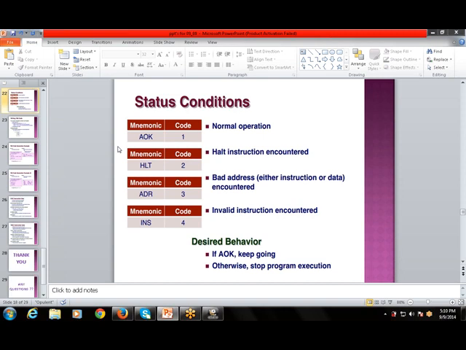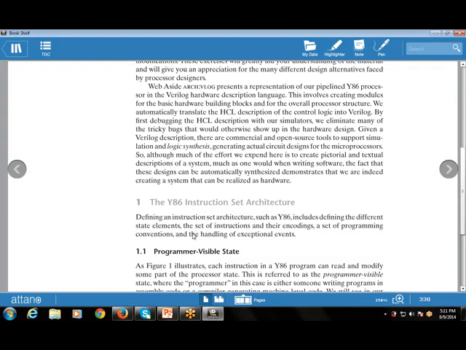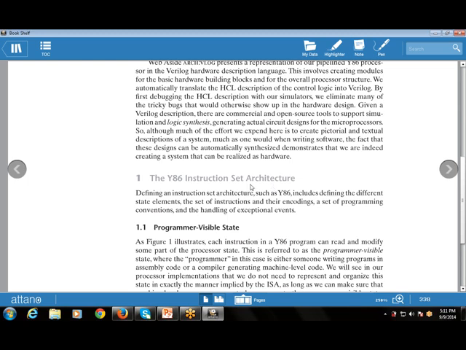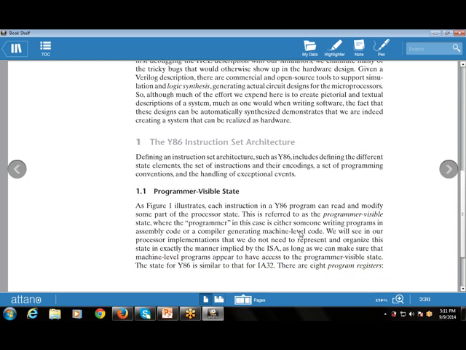Next is your status conditions, that is, what are the status conditions available. But before this, let's go through your book and see what is discussed there. This is your Y86 instruction set architecture, the programmer visible state. It says each instruction in a Y86 program can read and modify some part of the processor state.